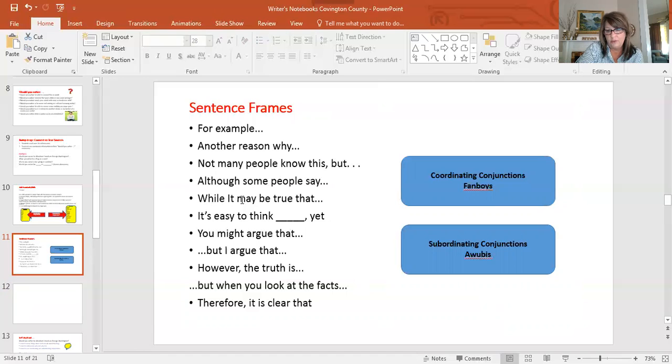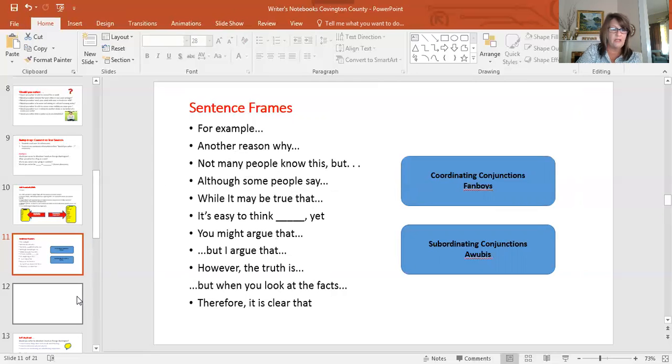While it may be true that Abraham Lincoln, when you look at the facts, okay, let's see what I want to do. I can use while, which is a subordinating conjunction, although is subordinating, but is coordinating, yet is coordinating.